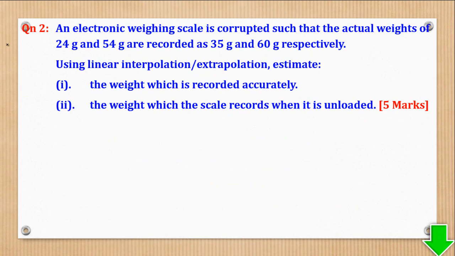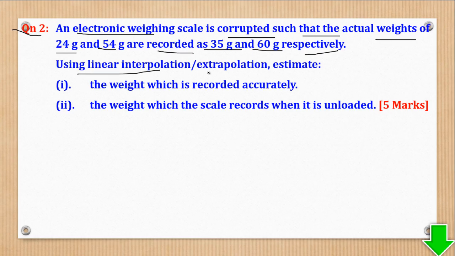That was question 1. Now we shall go to question 2. Question 2 says, an electric weighing scale is corrupted such that the actual weights of 24 grams and 54 grams are recorded as 35 grams and 60 grams respectively.